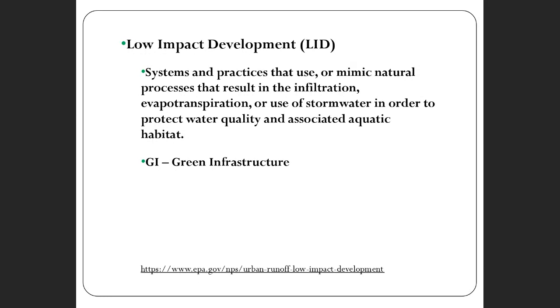Again, these are the things that we've been talking about, right? Making sure that we keep the stormwater from running off of our site. This is sometimes called low impact development or green infrastructure. Just another way to talk about the things that we are talking about now and talked about last week.